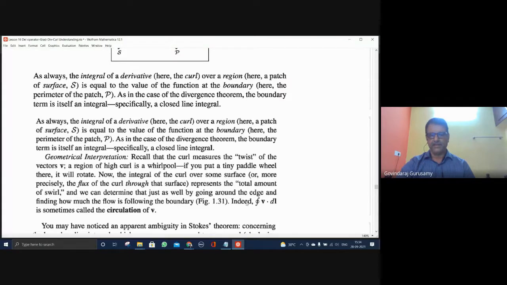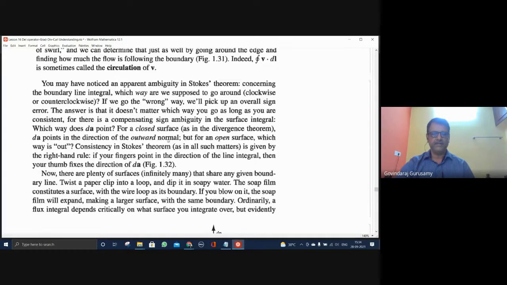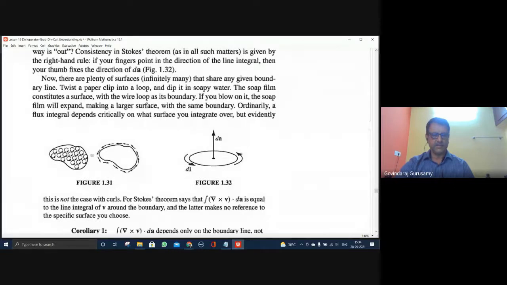Figure 1.31. Indeed, this integral over the closed path, V dot dl, is sometimes called the circulation of V. This is what we are trying to say. There are small patches, you add all of them. That is equivalent to the value at the boundary. That's what it means.